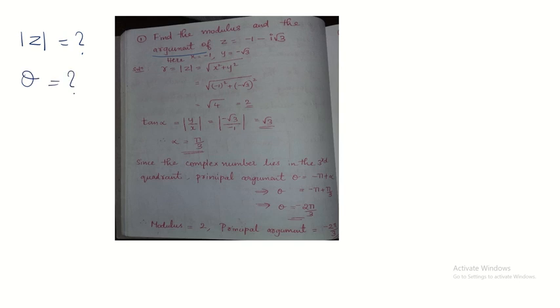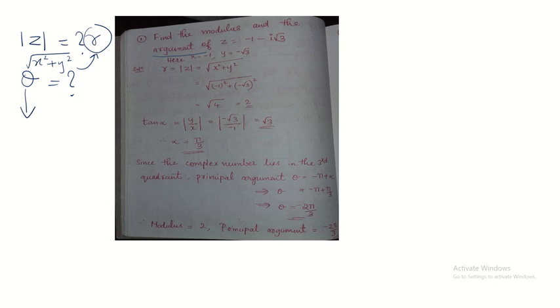So the modulus of z as well as the value of theta, this you have to find. How to find the modulus of z? That means you have to find the value of r. Now how to find r? The square root of x square plus y square will give you the value of r. How to find theta, the argument?